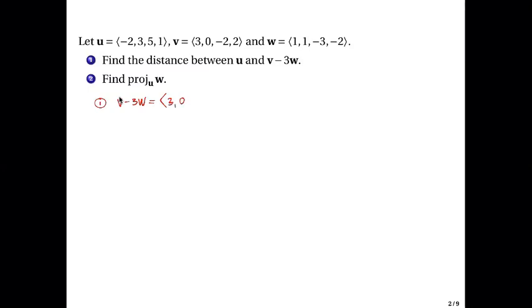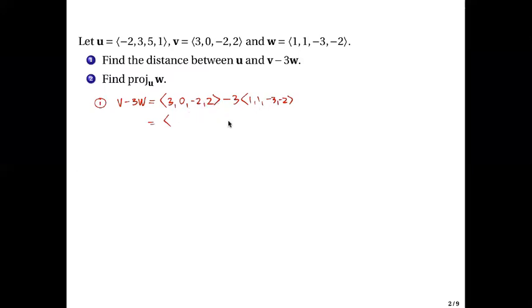You have 3, 0, -2, +2, minus 3 times the vector 1, 1, -3, -2.